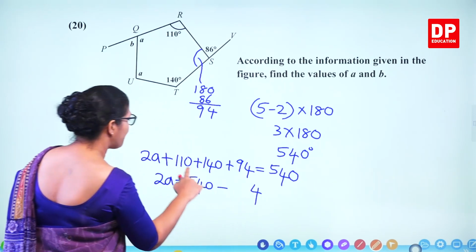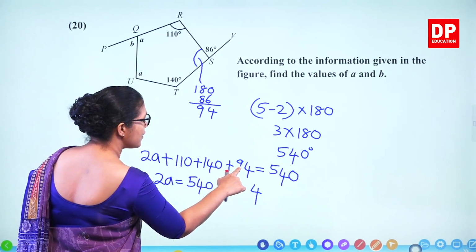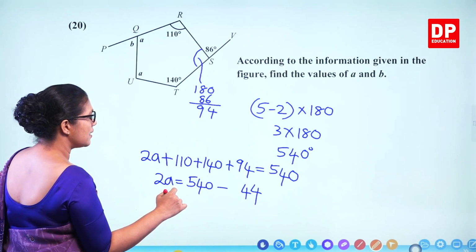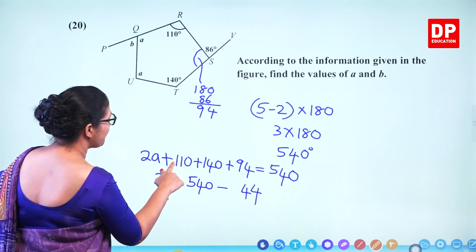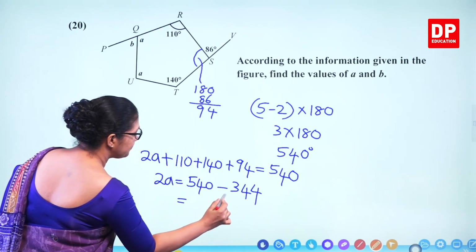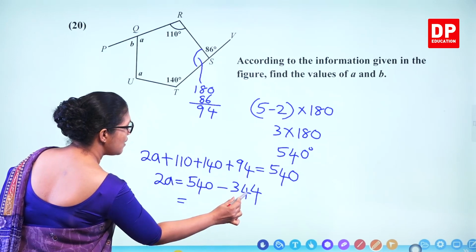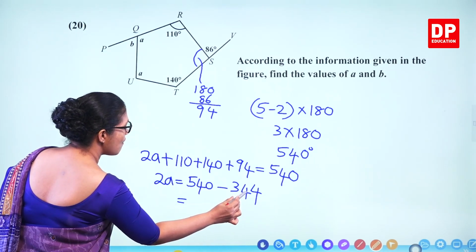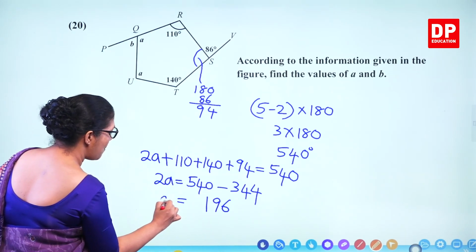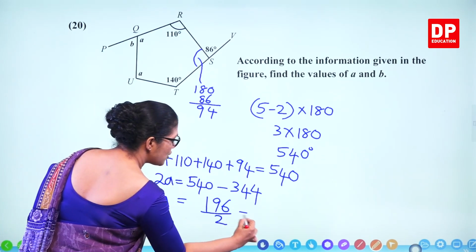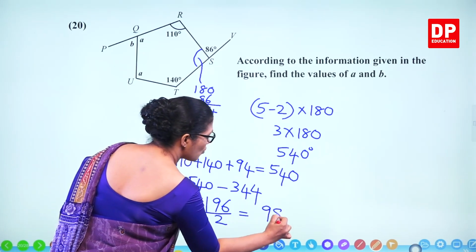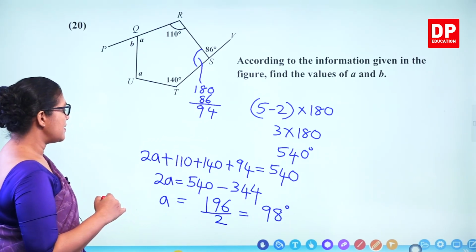This is 4, 1, 4, 5, 9 plus 5, 14. 1 remaining, 2, 3. Now subtract 6 and 4, 10, 1 remaining. So that's 5, 9 plus 5, 14 and 1. So A becomes this divided by 2. 9 and 8. So 98 degrees is A.